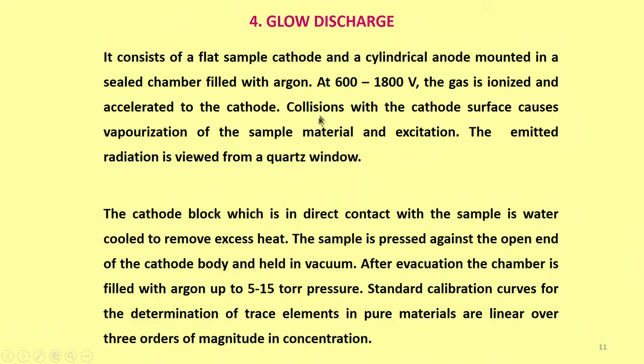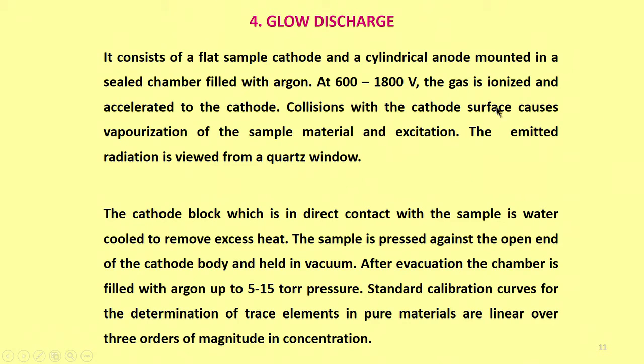600 to 1800 volts. So, the gas is ionized at that level and accelerated. Ions, what do they do? If I have a positive electrode and a negative electrode, positive ions will get attracted to the negative electrode and negative ions will get attracted to the positive electrode. So, they will start moving and then they collide with each other, right.